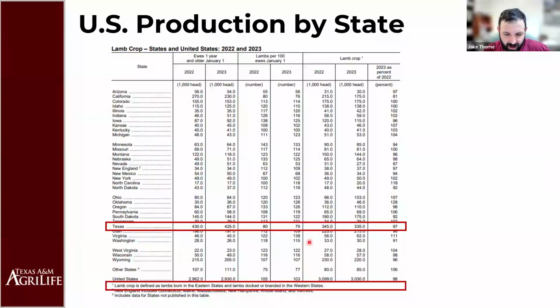I'm not sure if you can see the bottom here. It looks like this panel of controls is a little bit in the way, but lamb crop is defined in the western states and in Texas as the number of lambs that were identified at marking versus the number of ewes that were exposed. And that is a little bit different than some of our eastern states, which count the number of lambs that were born.